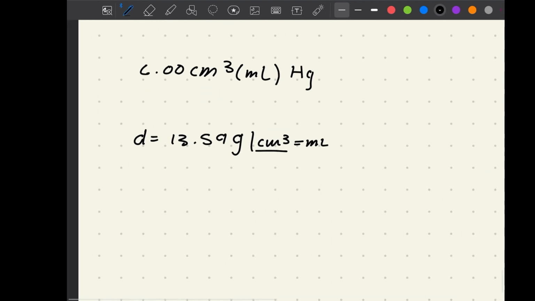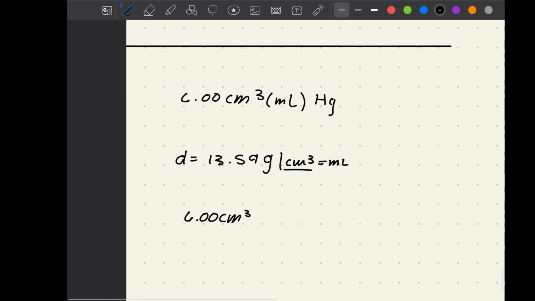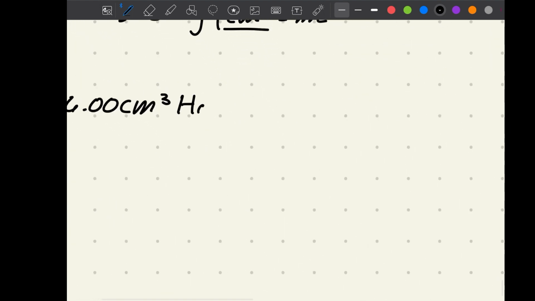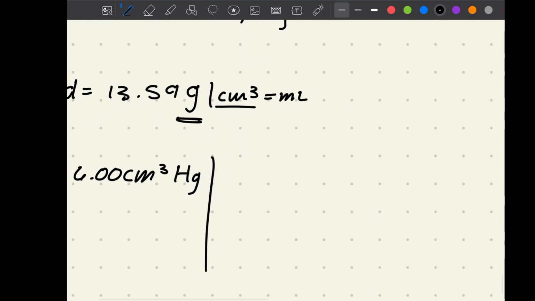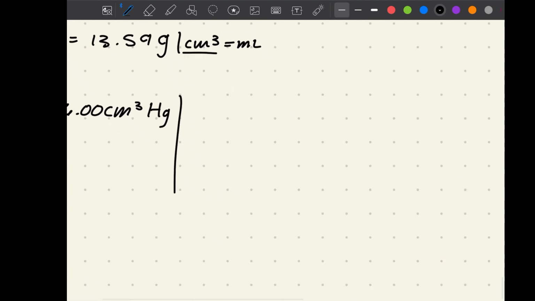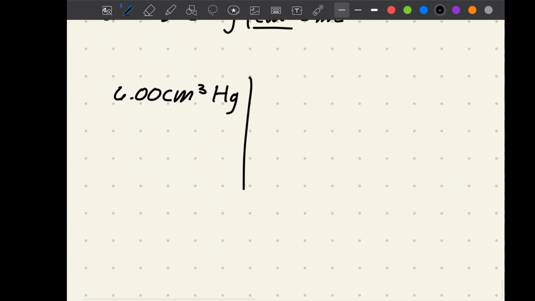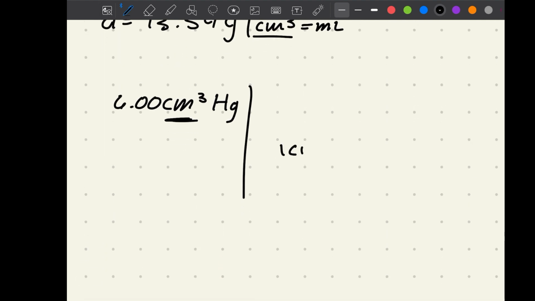So this is another stoichiometry problem. We have 6.00 centimeters cubed of mercury, and we want to find out what the mass is of that mercury. So we have centimeters cubed at the top, so we will have 1 centimeter cubed at the bottom. So centimeters cubed and centimeters cubed cancel, and then we can find the mass.